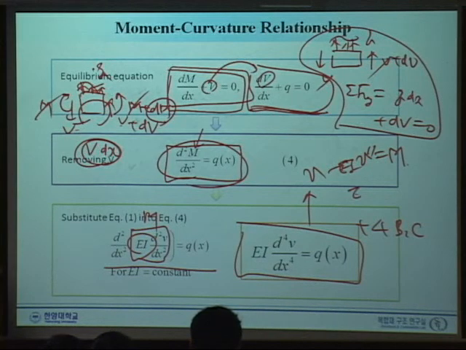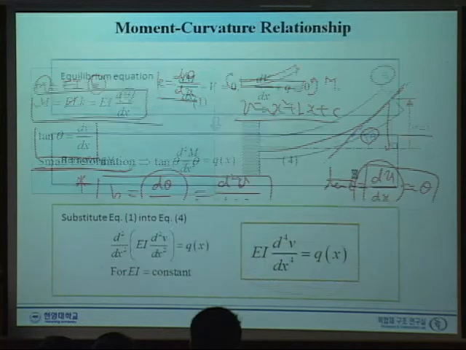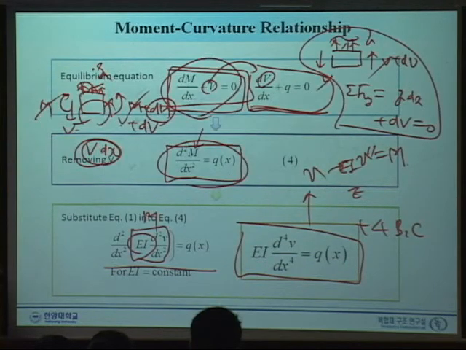And do it again, because we have a relation. If we differentiate M with respect to x one more time, then you get the shear V, right? So from this equation, EI V third derivative, with a minus sign, will be the shear V.